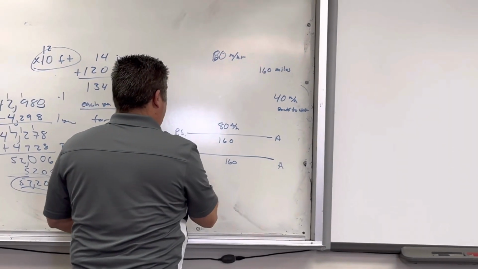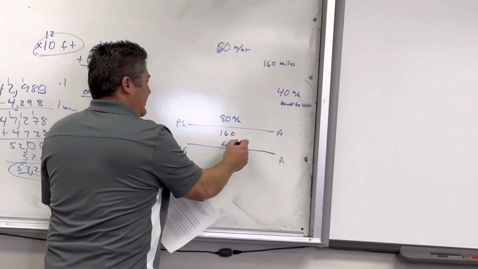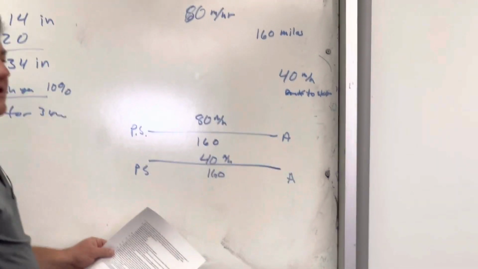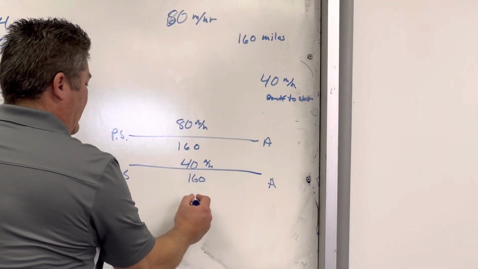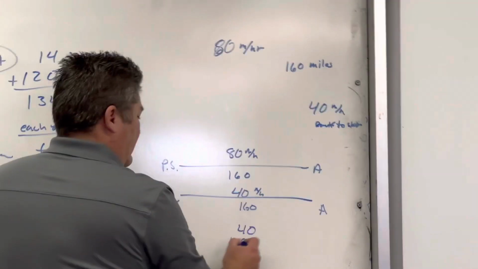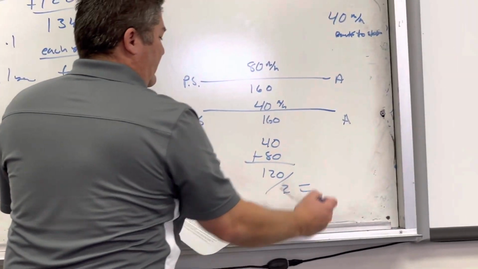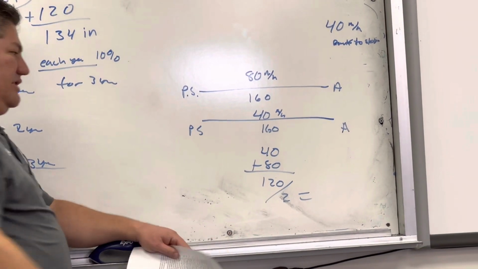How fast am I going on my way back? Well, that's actually easy then. Are these distances the same? Yeah, so the average speed is just add these two and divide by 2. What's 120 divided by 2? 60 miles an hour.